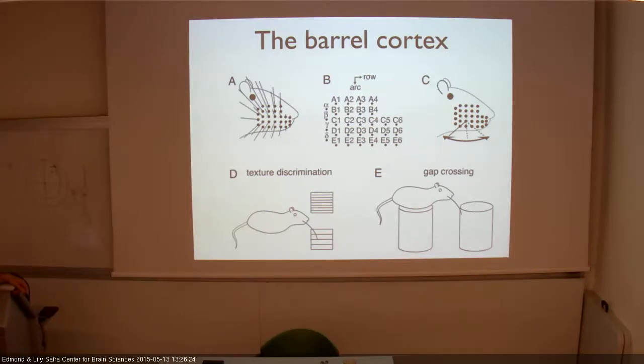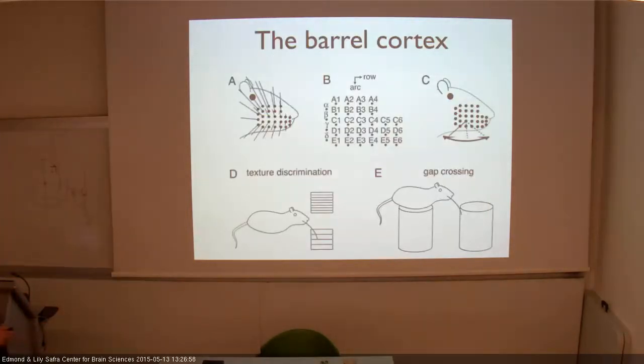For example, texture discrimination: you can give them 2 different textures, and they can discriminate between the 2 textures with 1 whisker. They can also do gap crossing, which means that you put them in the dark, and they can judge just by touch whether they can jump over and cross the gap.